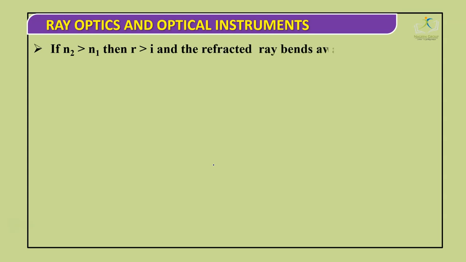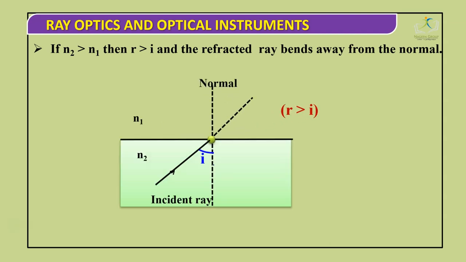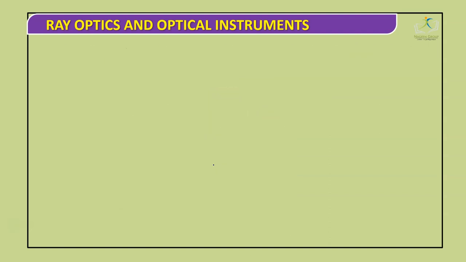Second point: if n2 is less than n1, then r is greater than i. In this case, the refracted ray bends away from the normal. So if this is the incident ray and the light is going from a denser medium to a rarer medium, it will bend away from the normal.